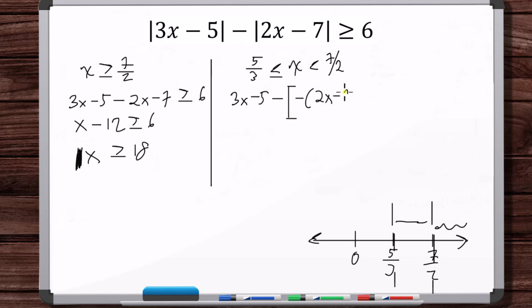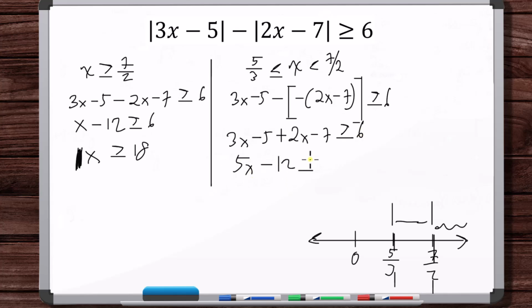Remove the absolute values by doing that in this case. So what happens is that those two minuses come together, and we're just left with this. So 3x plus 2x is 5x, minus 7 minus 5 is minus 12. 5x is greater than or equal to 6 plus 12 is 18.